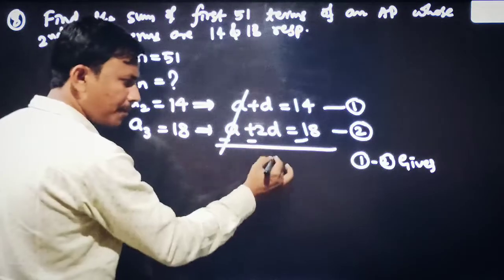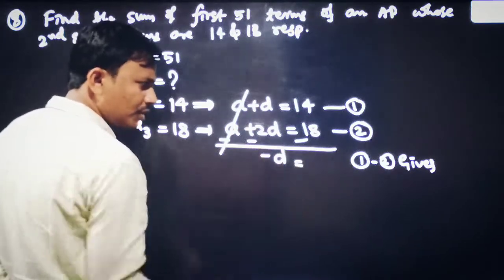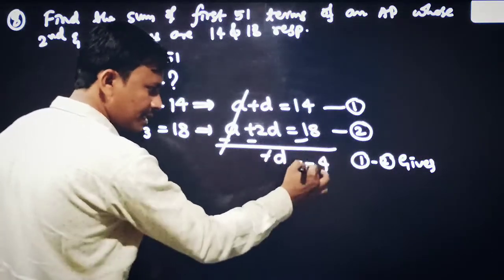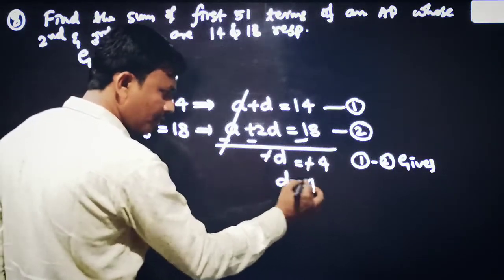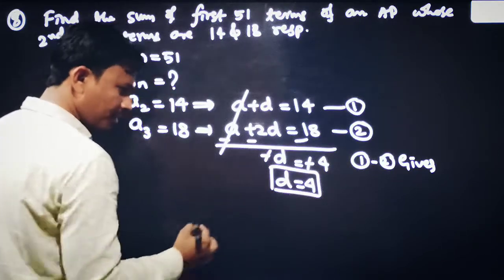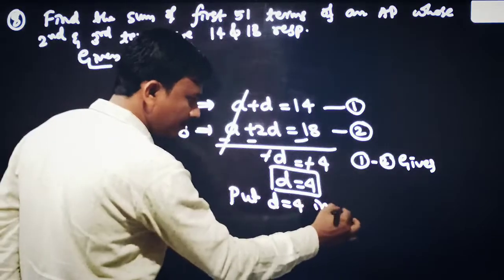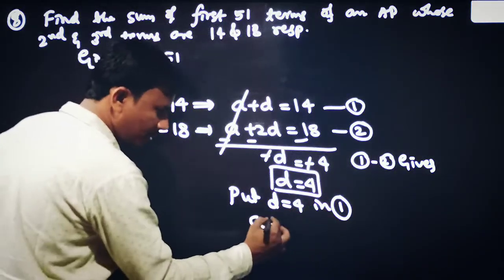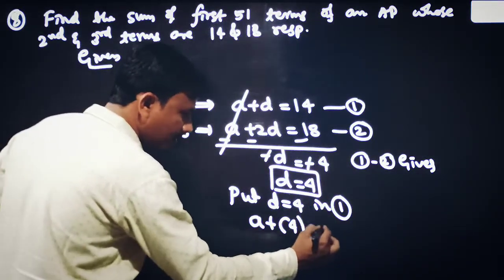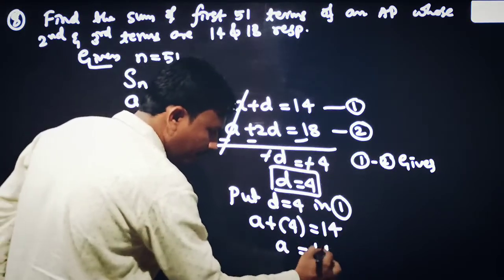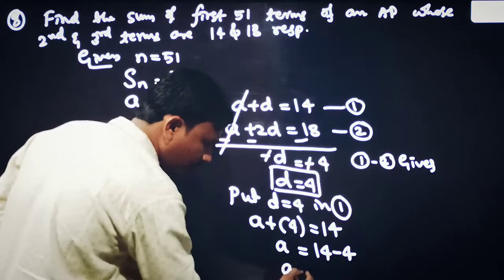Plus D minus 2D, minus D is equal to minus 18 plus 14, minus 4. Minus cancel. D is equal to 4. Put this value in equation number 1. D is equal to 4 in equation number 1. What is equation number 1? A plus D is equal to 14. A is equal to 14, plus 4 will become minus 4. 14 minus 4, A is equal to 10.